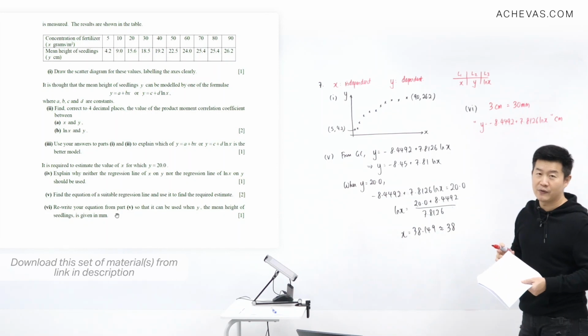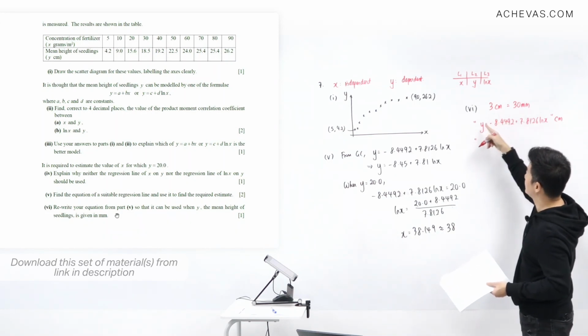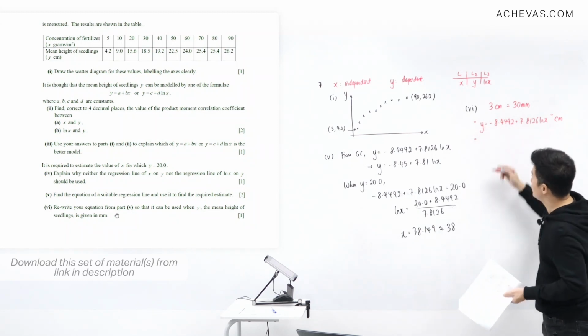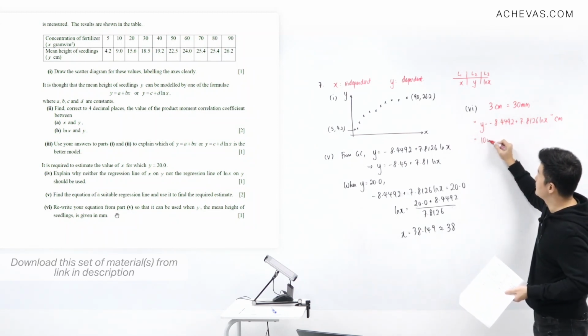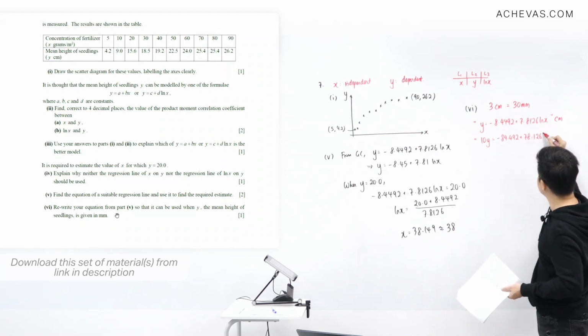If we are going for mm, we will take cm multiplied by 10. So 10 times y is equal to minus 84.492 plus 78.126 ln x. And this time it is going to be in mm.